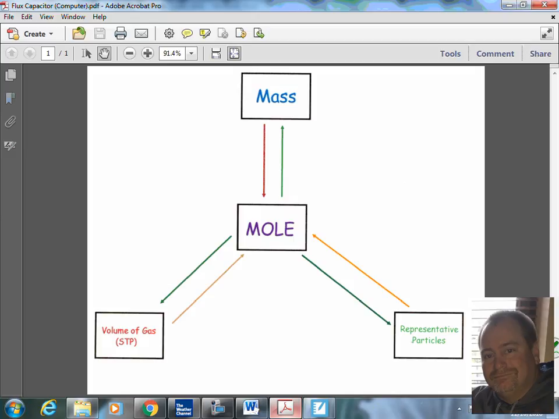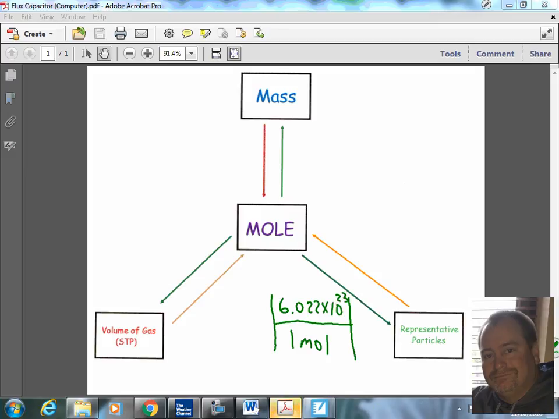Okay? So if I have a mole and I'm going to try to get representative particles, I set up a conversion box that has Avogadro's number on the top of the conversion box and the mole on the bottom of the conversion box.